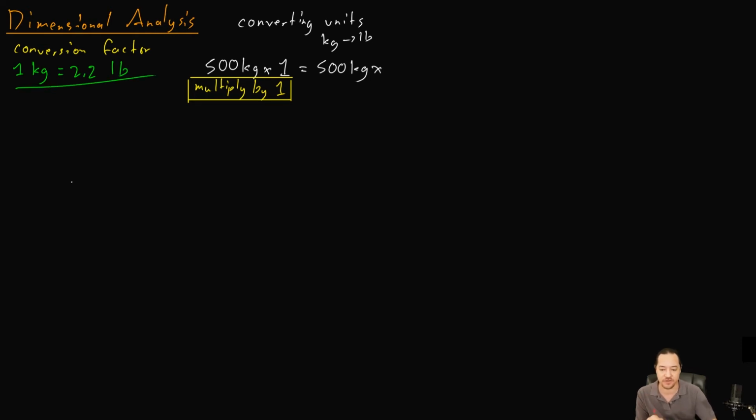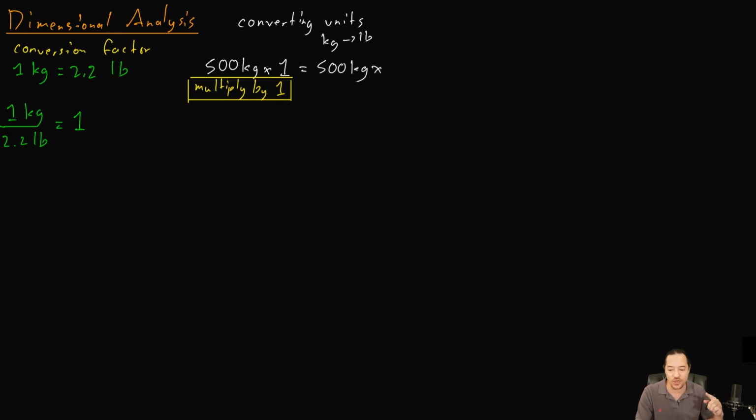Let's look at this conversion factor here. What would happen if I divided both sides of this equation by 2.2 pounds? I would get 1 kilogram divided by 2.2 pounds on the left side, and on the right side, the 2.2 divided by 2.2 would just cancel out and give us 1, the magic 1, right?